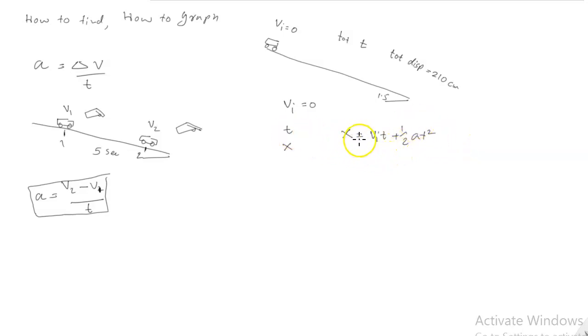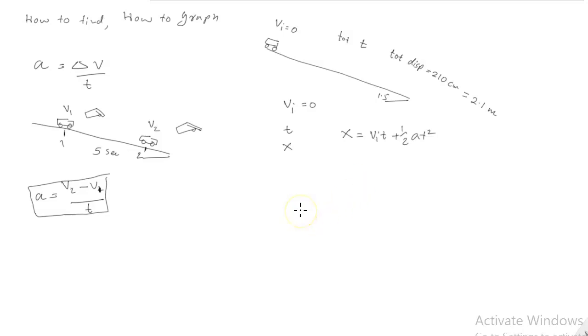We have the time which we measured, I don't remember the numbers, but something like 2.6 seconds, I think. So that's the time. Initial velocity is 0, displacement is 210 centimeters, which is 2.1 meters, right? So you plug these numbers in, you can find the acceleration. This is how we found acceleration for this activity, because we didn't have two different velocities. That's that.